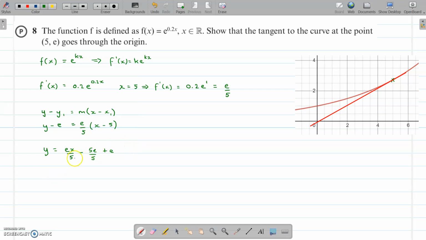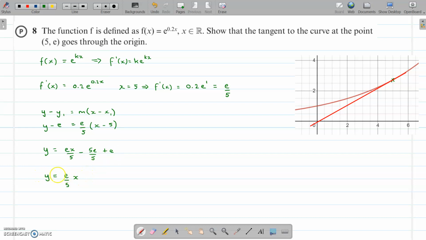So we get that y equals quite simply e over 5 x. So it's just e over 5 times x, and that cancels out, plus 0.